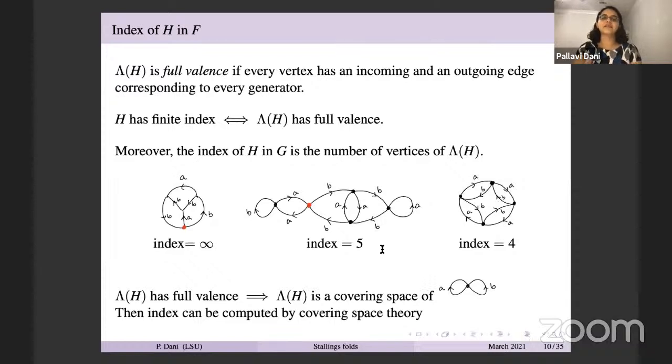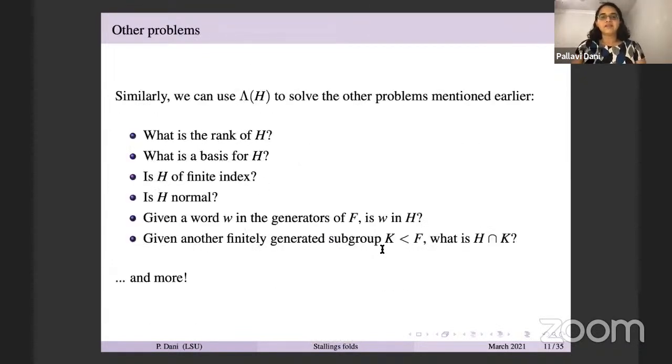I didn't make a separate slide for normal, but that can be very easily seen using covering spaces. Okay, so I've illustrated a few of the questions that you can answer, and in fact, all of the questions that I mentioned in the beginning can be answered using this perspective, and many more.